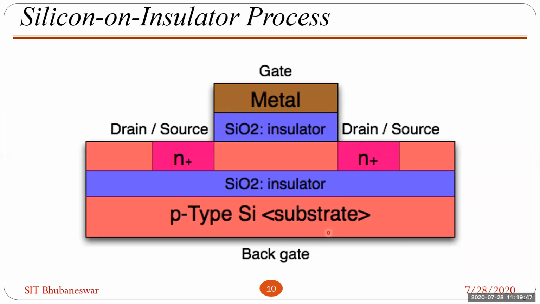But here I said the substrate is not directly connected to the diffusion layers. Like in the NMOS process, the substrate is connected to the N diffusion layers, but here it is completely separated. So that's why substrate noise will be less.